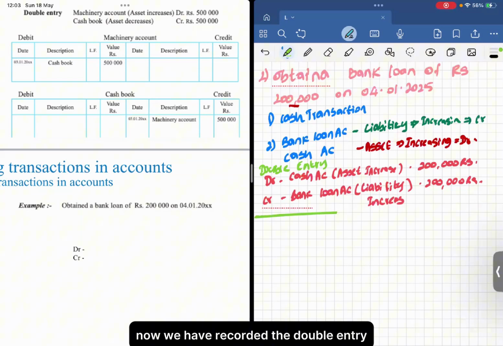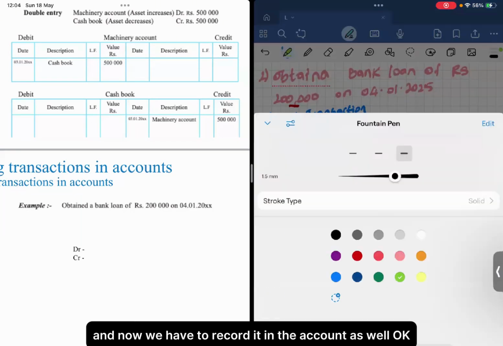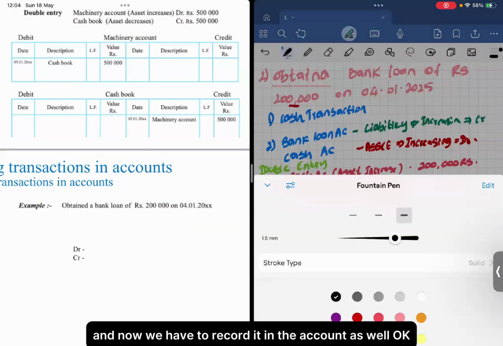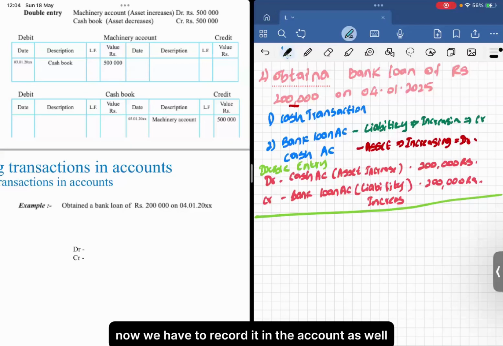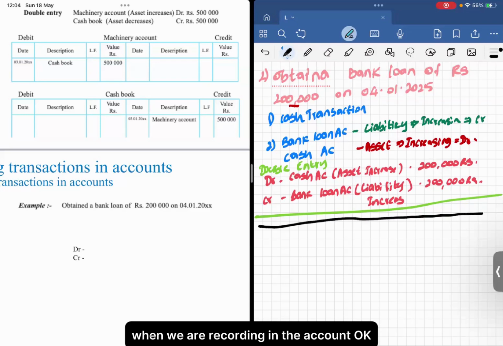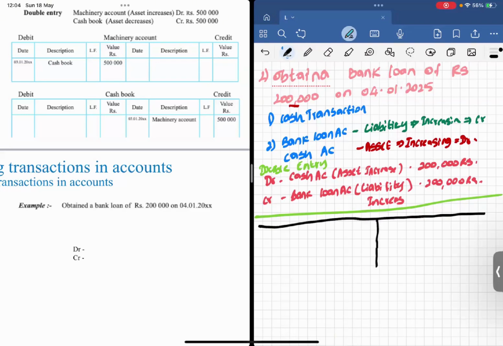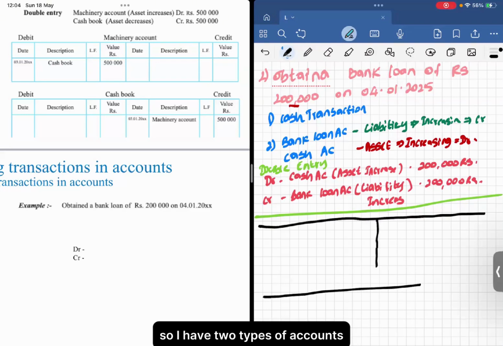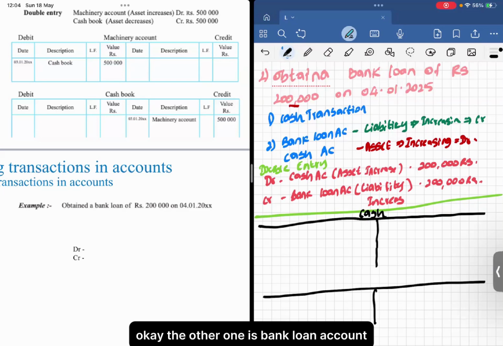Now we have recorded the double entry, and now we have to record it in the accounts as well. When we are recording it in the accounts, I have two types of accounts. What are those two types of accounts? One is the cash account, and the other one is the bank loan account.